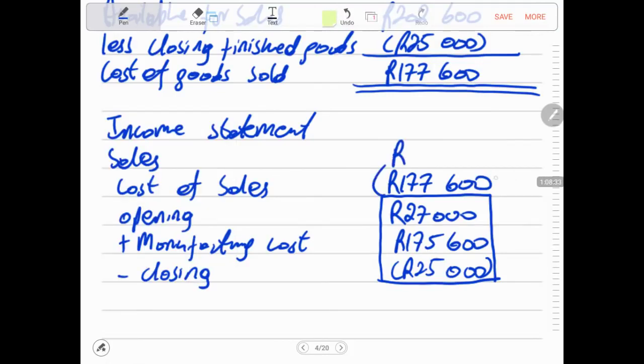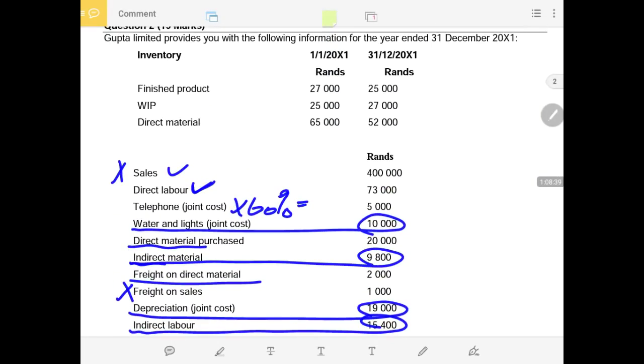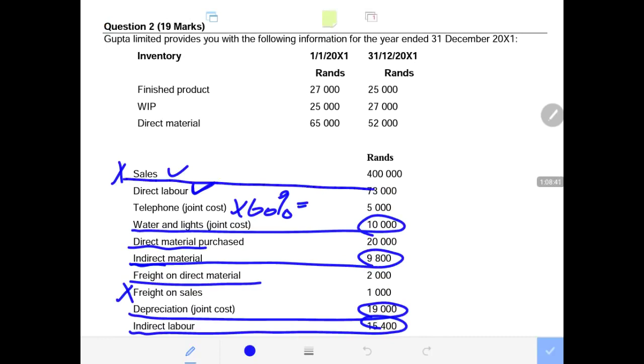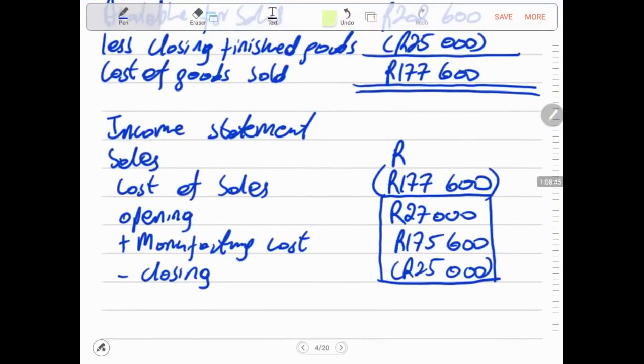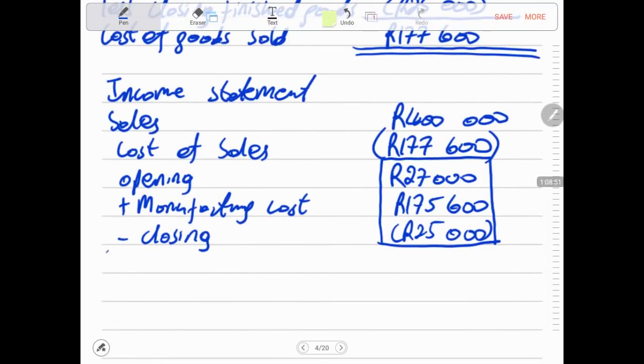Then we need to know how much our sales are from the information that is provided to us. Our sales are given to us as 400,000 rands. So we just copy and paste our sales as 400,000 rands. Then sales minus cost of sales will give us gross profit.